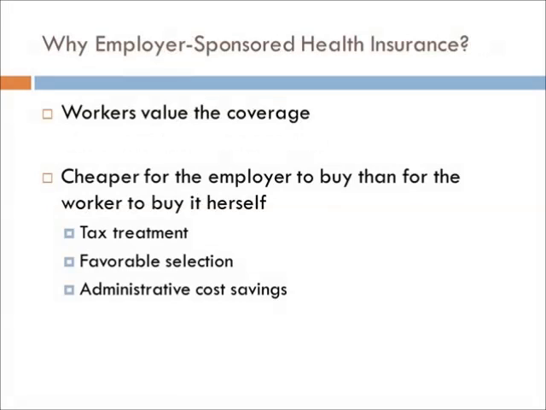So why do employers sponsor health insurance? For one, the employees value the coverage, and in most cases, probably in all cases, it's cheaper for the employer to purchase the policy than for an individual to go out directly, for tax benefits and administrative costs and the ability to negotiate.